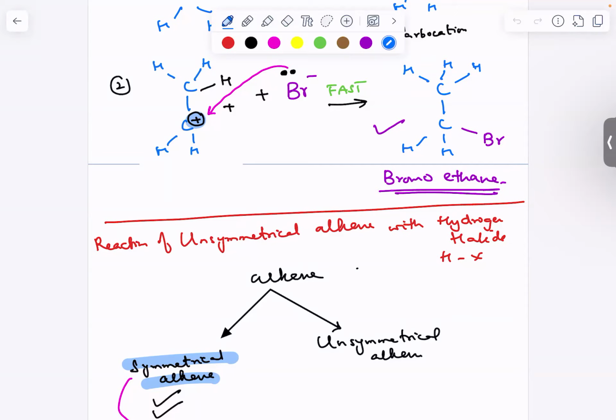All right. We are going to do it for unsymmetrical alkene. Yours is the AQA board, yeah? All right. Just a minute, Victor. AQA.